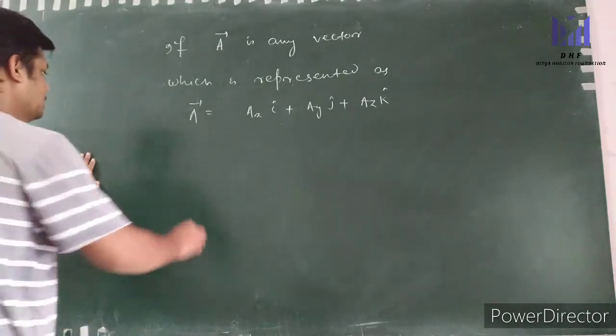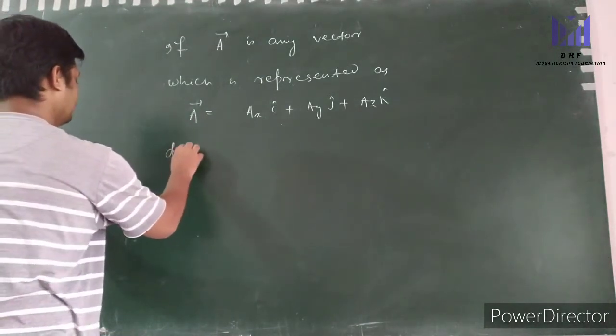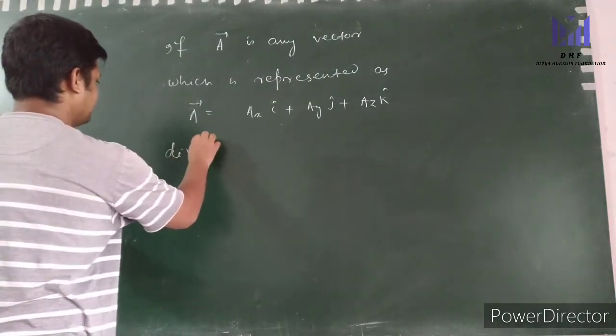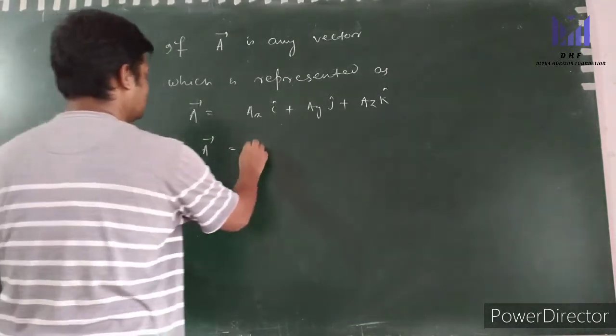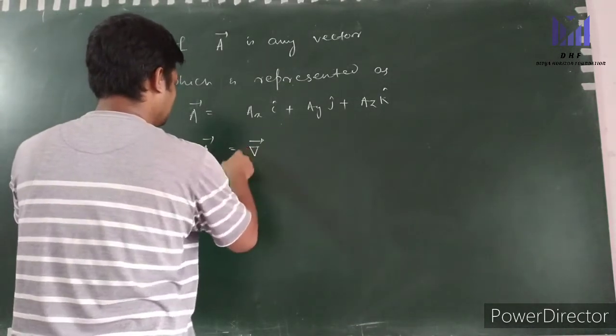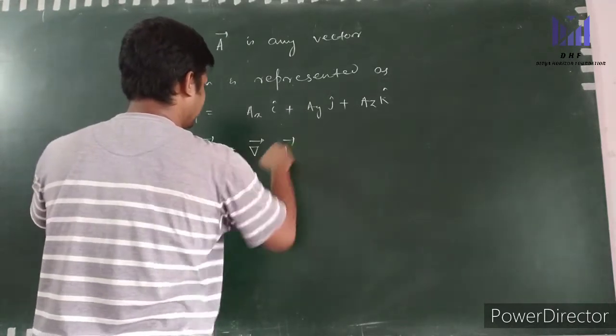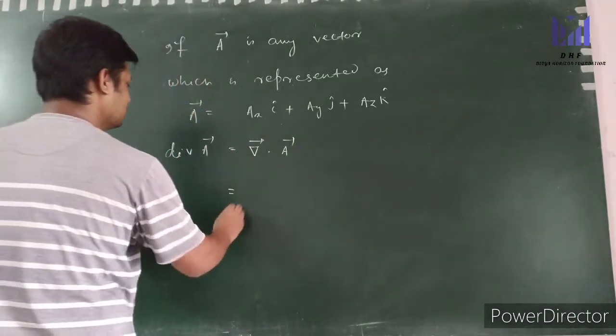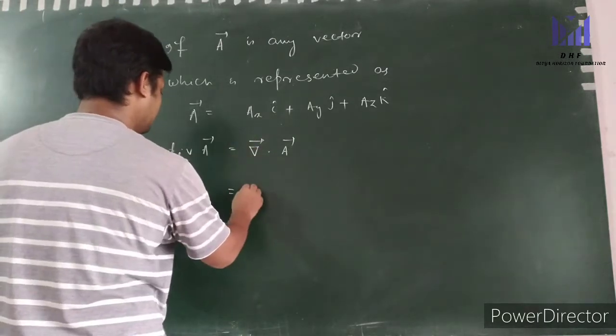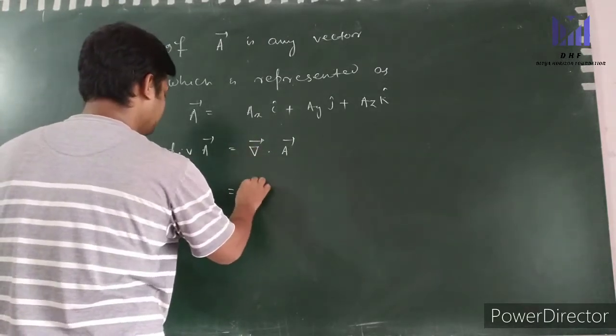Divergence of a vector is written as div A, which is equal to this symbol, a vector quantity, dotted with the vector. This symbol is called the del operator or Nabla operator.